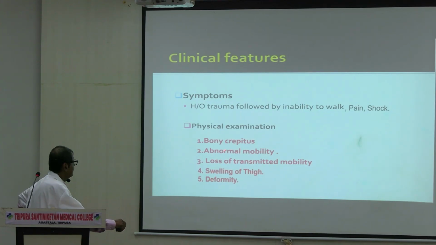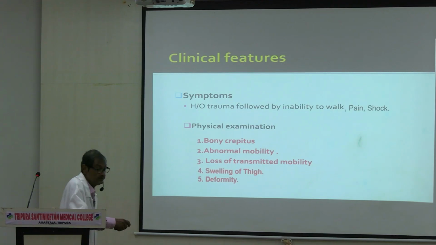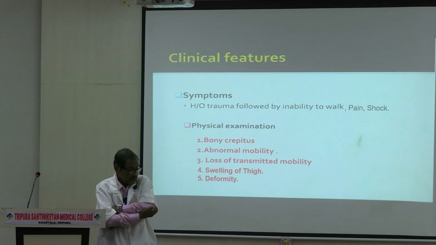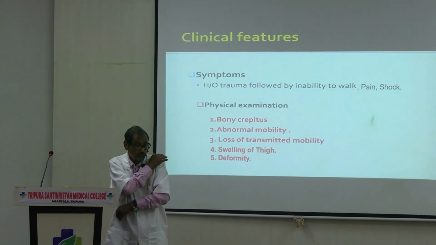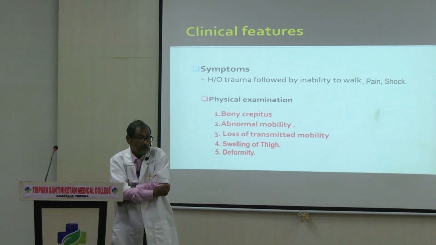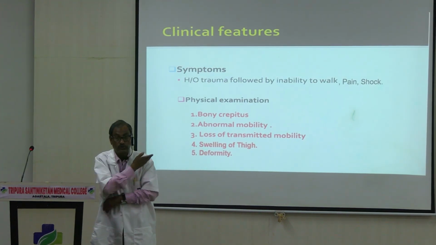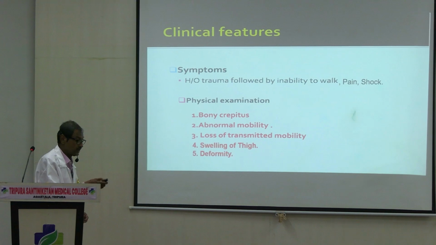Bony crepitus, abnormal mobility, loss of transmitted movement. Loss of transmitted movement means when you push from here, you can feel it here with one hand. But when it is broken, the thrust will not go. This is called loss of transmitted movement.